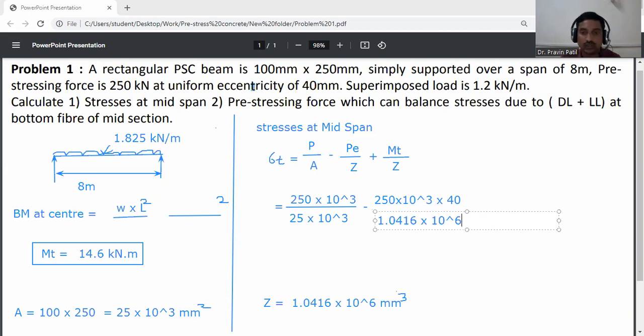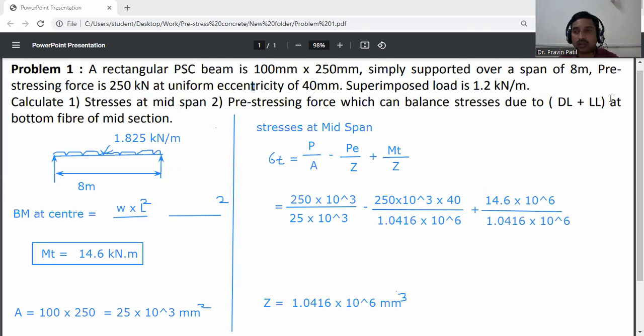Then plus the bending moment due to total load, 14.6 kilonewton meter. Convert it to Newton mm by multiplying by 10 raised to 6, divided by the section modulus again, 1.0416 into 10 raised to the power 6.